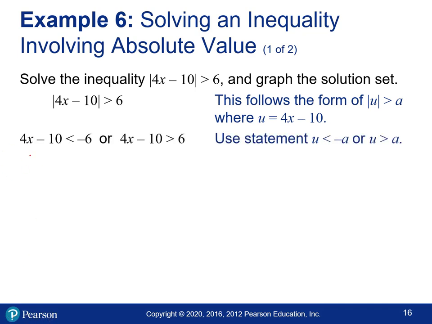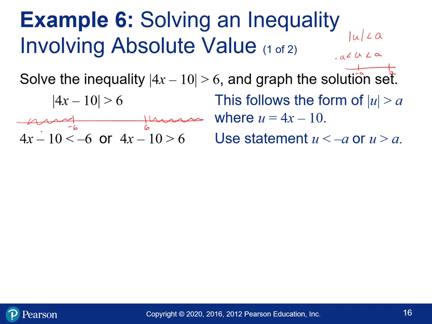With the one where we were doing less than, quick reminder, when we had the absolute value of u less than a, we could combine that and do this all at once. But the reason is because we were between -a and +a. But this is not between anything. We have on the left of -6 and then on the right of +6.